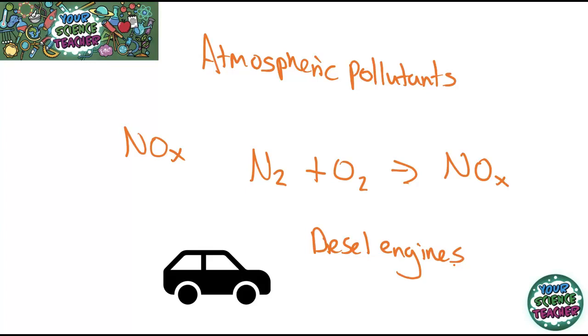And nitrogen oxides are incredibly bad for the environment because they can cause respiratory infections and respiratory diseases in humans. Just think about how many people now have conditions like asthma, and that's due to the fact that we're breathing in so many more different atmospheric pollutants, and it's not good for you.